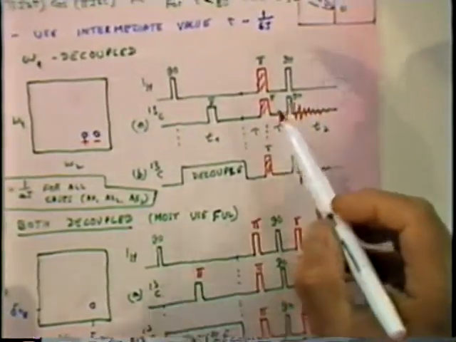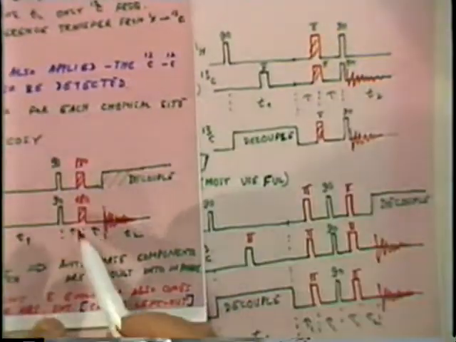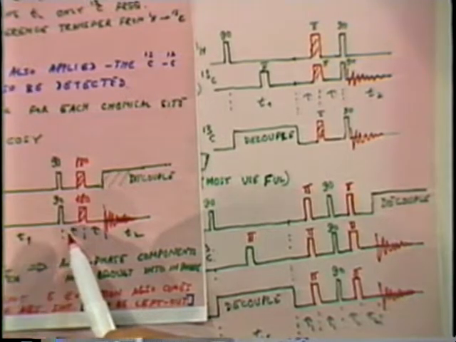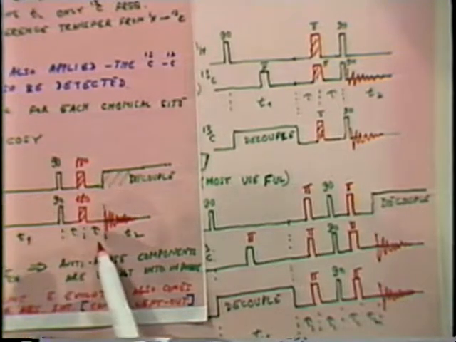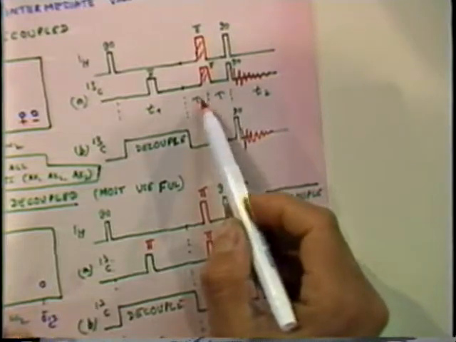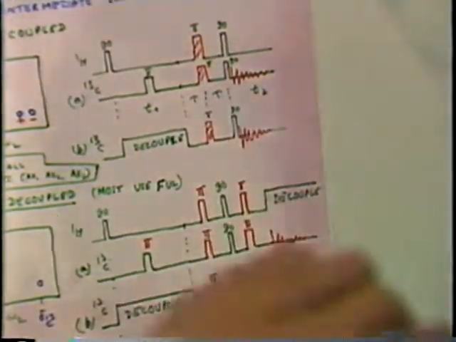Notice the difference between 3 and 2. There is a very important difference between 3 and 2 sequences. The delay period in 2 is after coherence transfer to carbon-13. Okay? While this delay period is before. And so it is to bring the omega-1 components in phase.